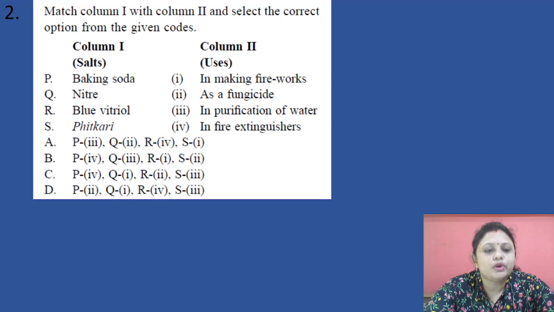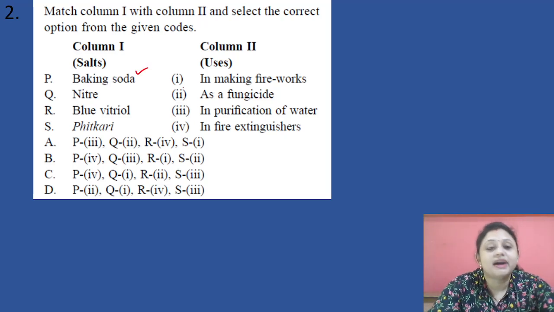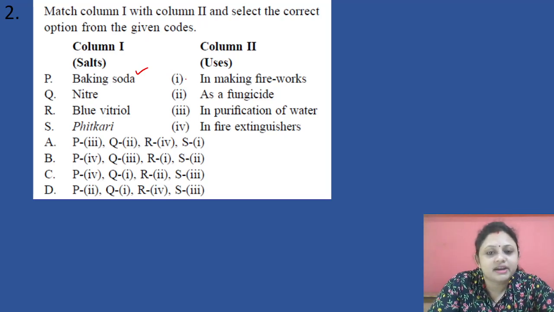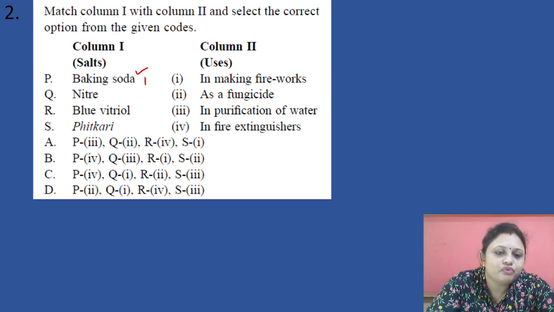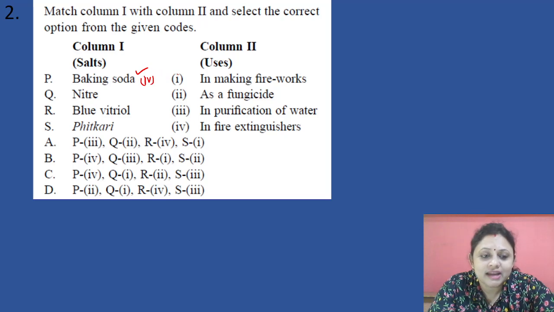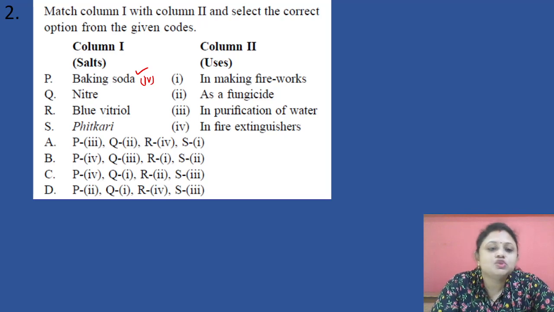So baking soda is used in fire extinguishers. There is an extinguisher called soda acid fire extinguisher. Okay, it helps in extinguishing fire. So we can write here 4. Then coming to the next one, niter, that is potassium nitrate. Potassium nitrate is used in making fireworks.